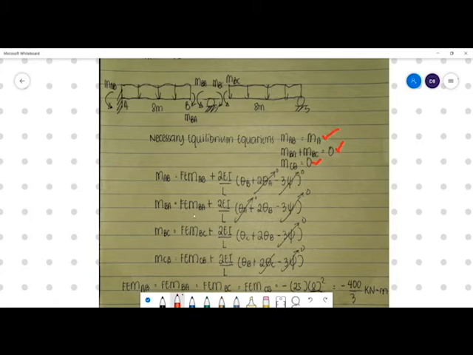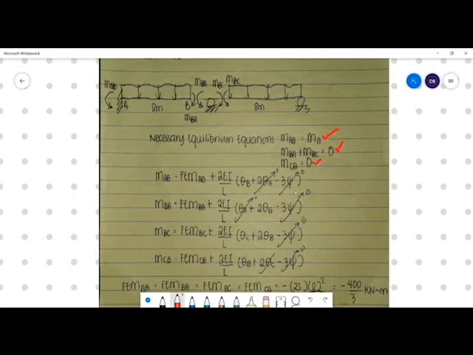MBA is equal to FEMBA plus 2EI over L times theta A plus 2 theta B minus 3 psi. MBC is equal to FEMBC plus 2EI over L times theta C plus 2 theta B minus 3 psi. Then MCB is equal to FEMCB plus 2EI over L times theta B plus 2 theta C minus 3 psi.